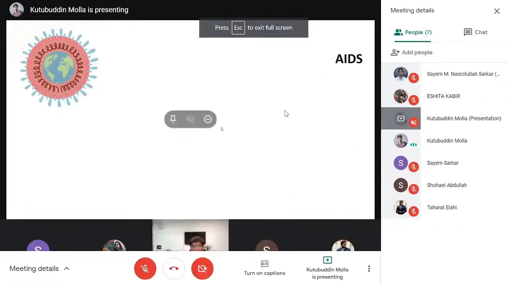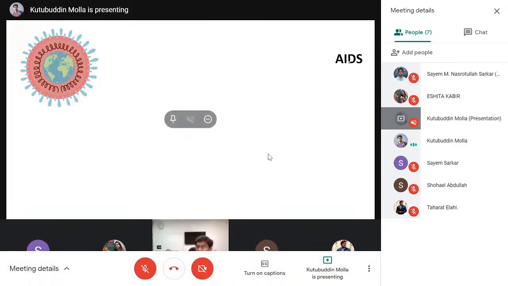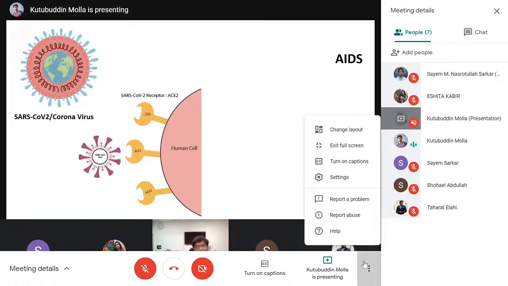So this is the screen, and in these two corners you can see the two most devastating and dangerous names. On the left is the coronavirus or COVID-19. On the right is the AIDS disease caused by the HIV virus. These two viruses are common in many senses. See how the coronavirus infects human cells very easily: they use our own protein.